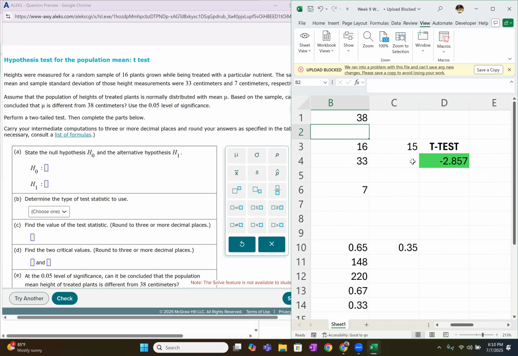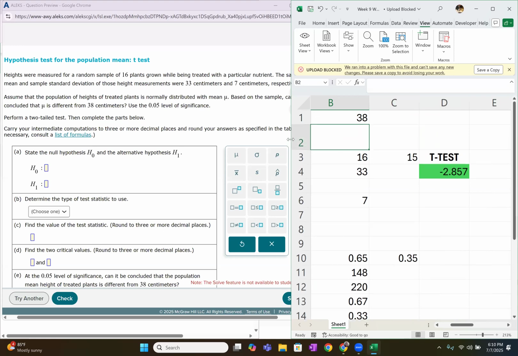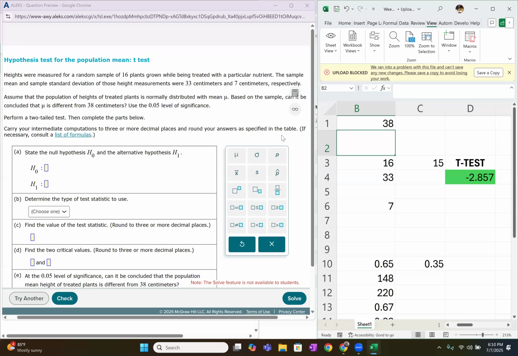Two-tailed means obviously we have a split alpha value. So in this case, let me pop this open just a little bit more. Here, we're going to say mu is equal to 38, or mu is not equal to 38.